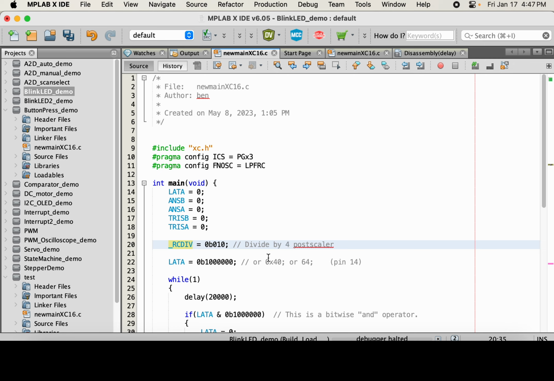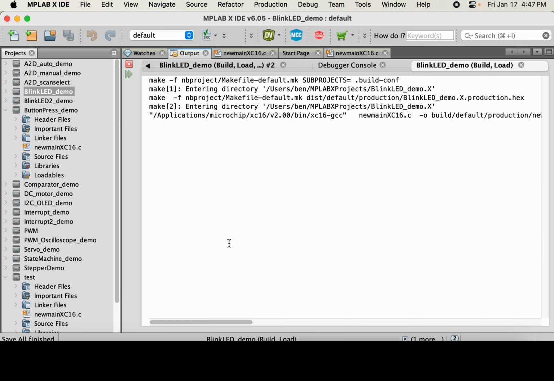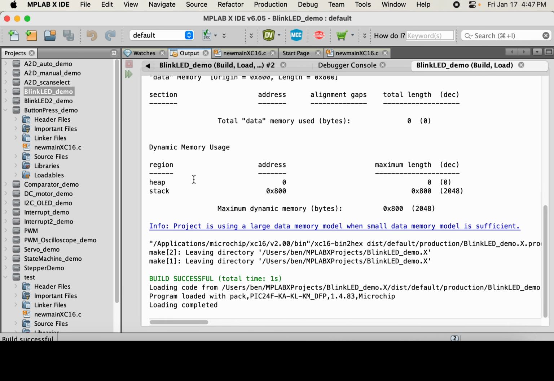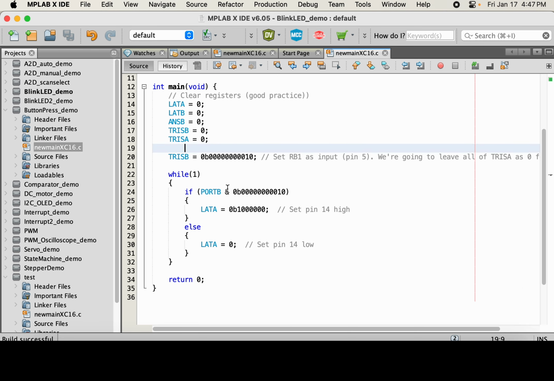Oh, incidentally, I made a mistake here. Back to this line of code, I said this was a divide by 1 postscaler. This is not binary here; I should explicitly say 0B. That said, 0B000 should be the same as 000. Let's see if this compiles, I'm just curious. So let's stop running and see if this compiles. Yeah, so the compiler, just be careful.